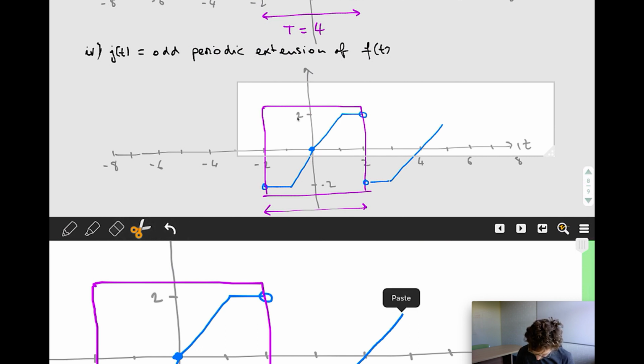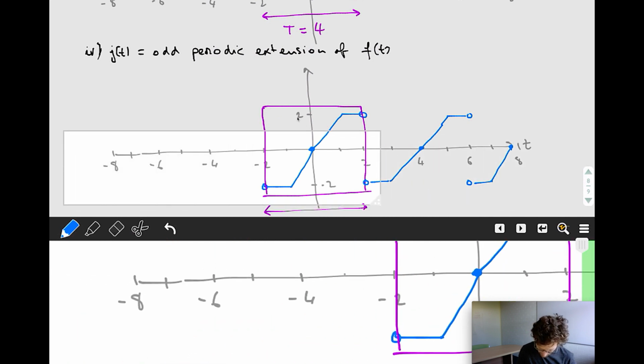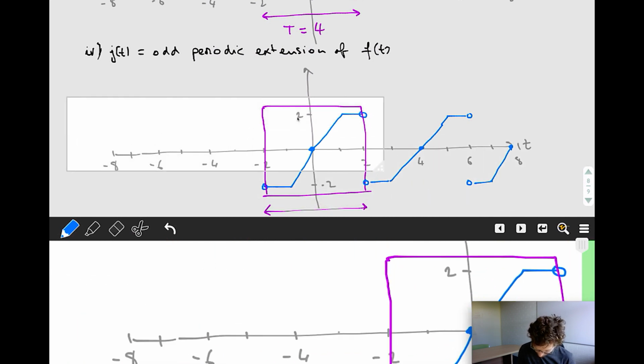It's going to go like that. And then it repeats itself, and I'm only going to get a half a tile in for this one. And I'm going to do the same over here.